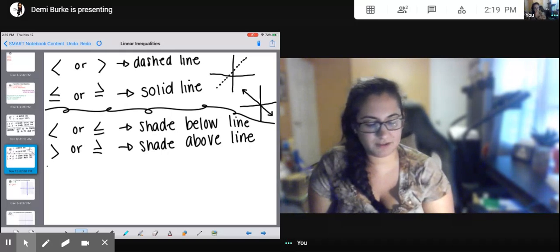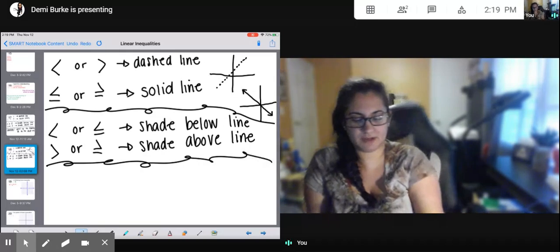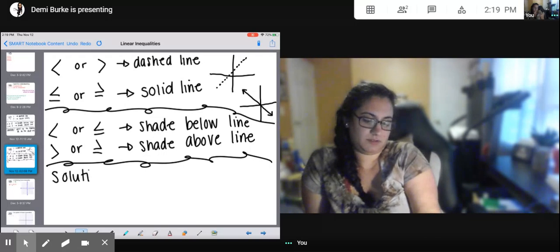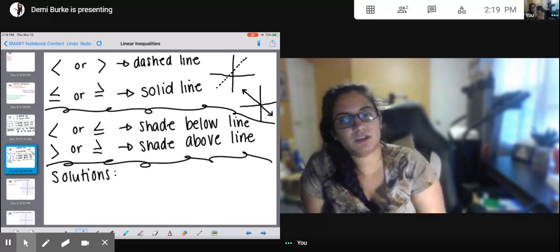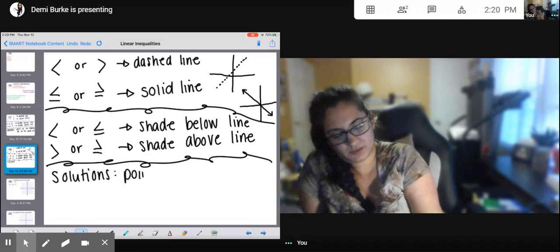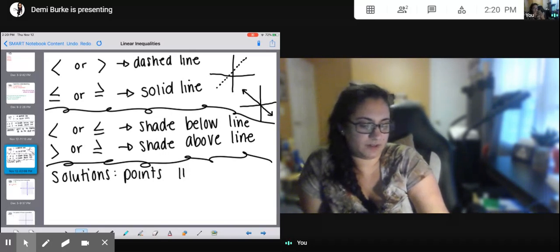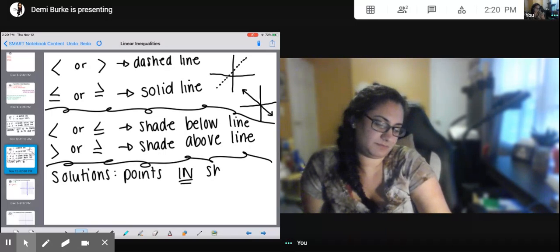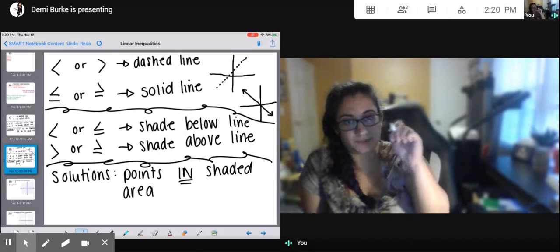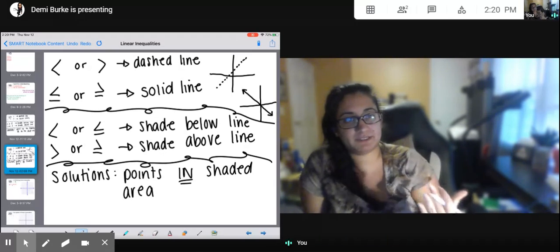The last thing that we need to talk about in an inequality are your solutions. Solutions are points that are either in the shaded area. So if there's shading, when we shade one a little bit, I'll put some polka dots in it. Those will be different points that could be included.